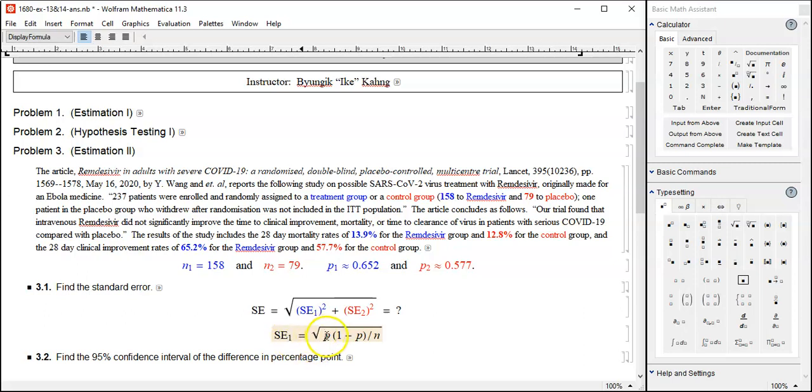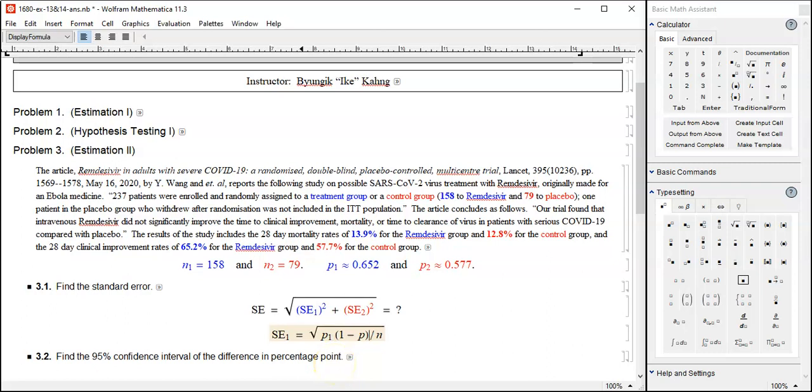But that is for the first group. So I need P1 here, P1 here, and N1 here. Likewise, SE2 is equal to the square root of P2 times 1 minus P2 over N2.